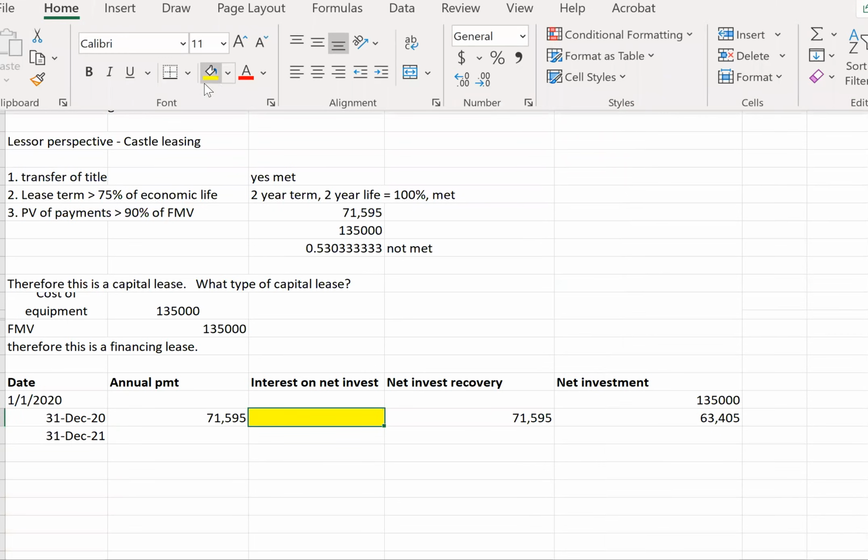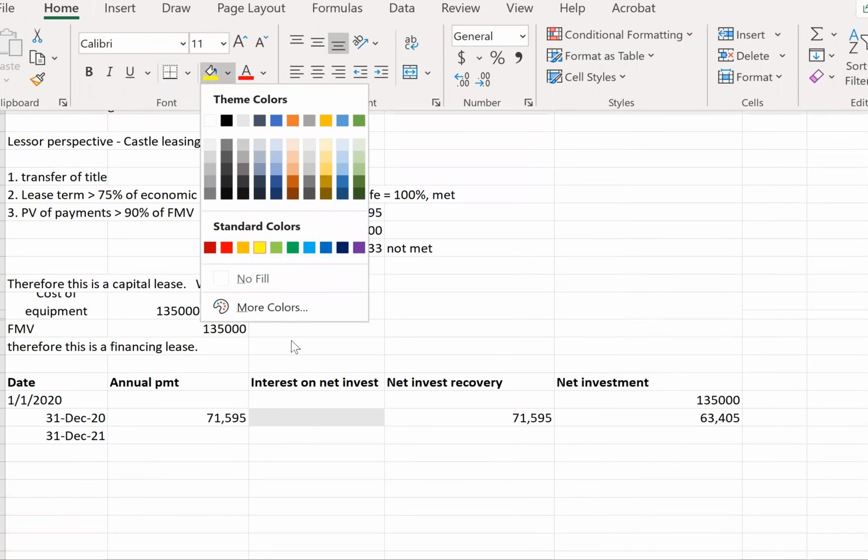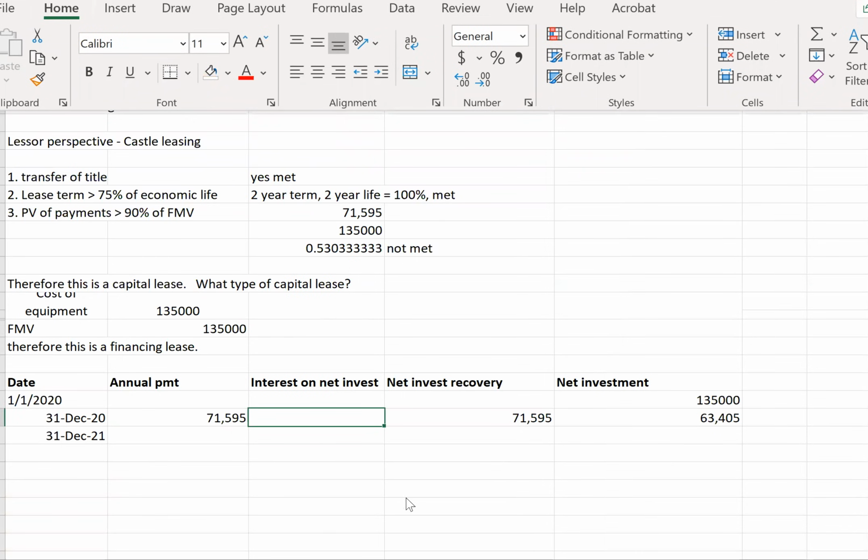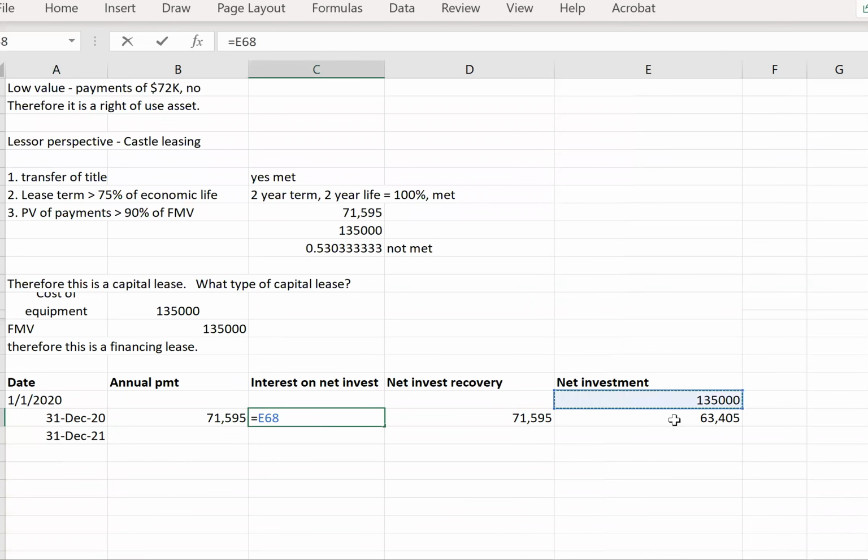So now we are going to have interest on this first period because it's an entire year. So this amount is going to be the carrying value times the interest rate, which is 10%. This amount times 10%, I missed the percentage sign there, times 10%.